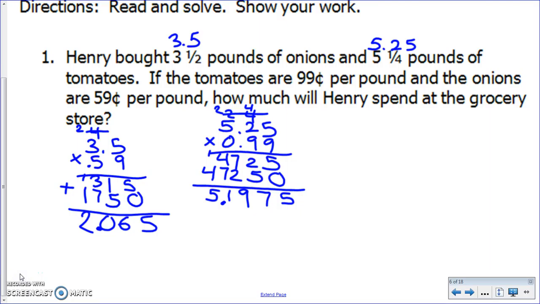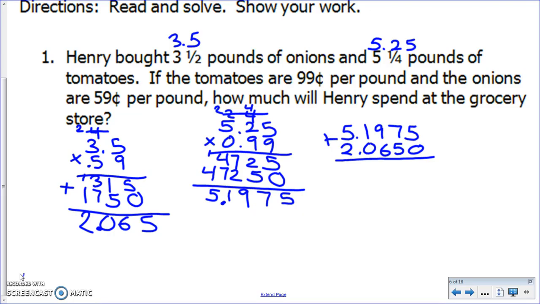The next step now is to add the 2 decimals together to figure out how much he spent in total. And it's important when adding decimals to make sure you line up the decimal place.